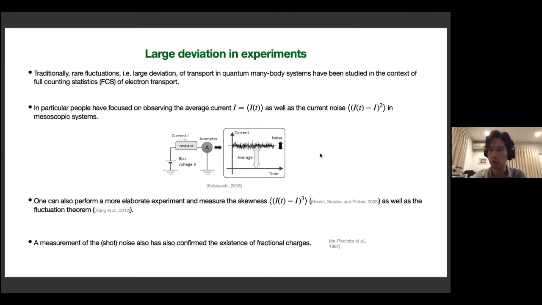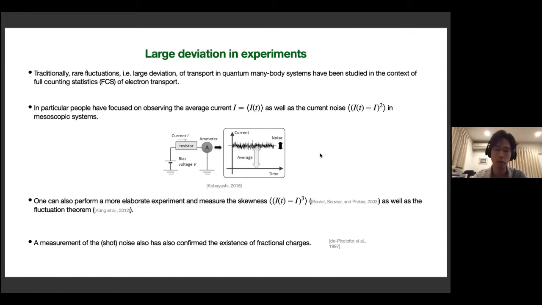Of course, you could do a little more elaborate experiment and measure, for example, the skewness, the third cumulant, as well as try to see if this fluctuation theorem holds, which is a theorem telling us that there's a particular relation between the probability of entropy increasing events and the probability of entropy decreasing events.